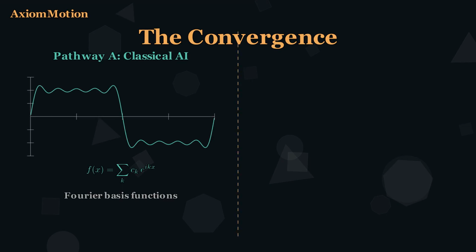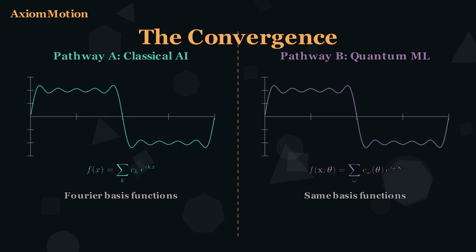On the left, classical AI, a signal reconstructed as a sum of complex exponentials, the Fourier basis. On the right, quantum machine learning, the output of a variational quantum circuit. Schuld, Sweek, and Meyer proved that this output is also a sum of complex exponentials, the same basis functions, the same mathematical structure. This is not a coincidence.